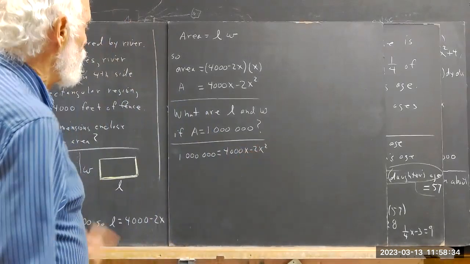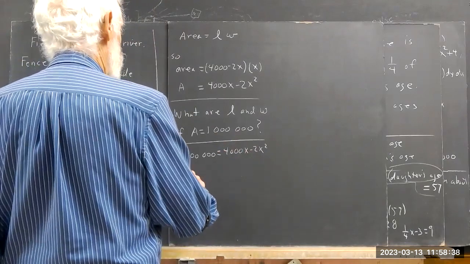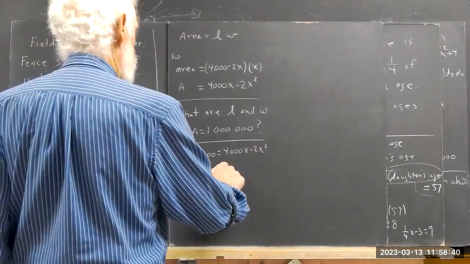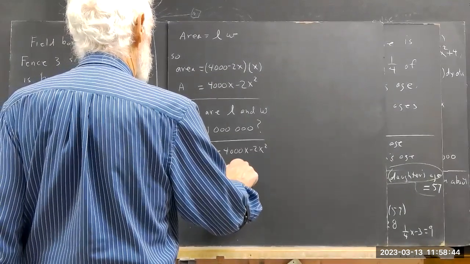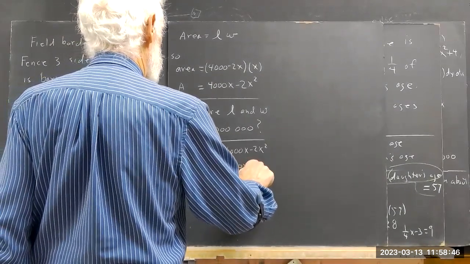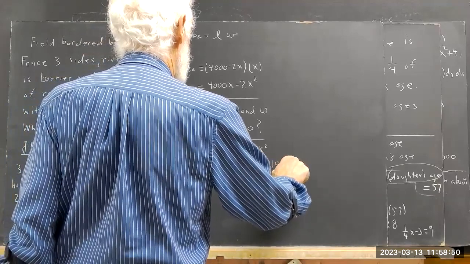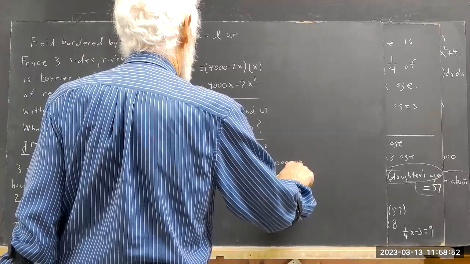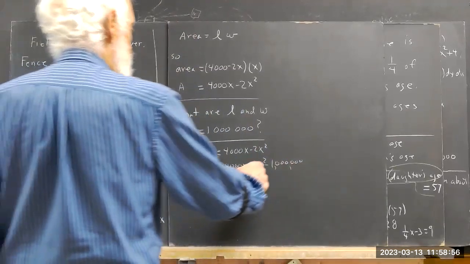Then you can subtract 1,000,000 from both sides, and you would get this, obviously.